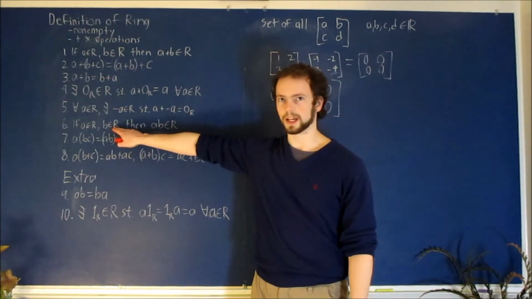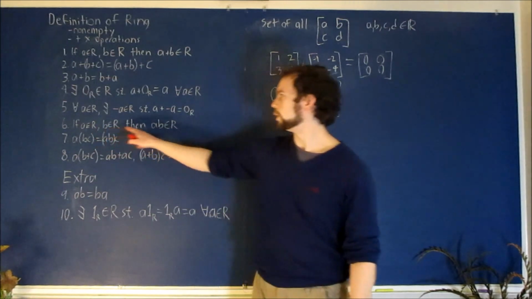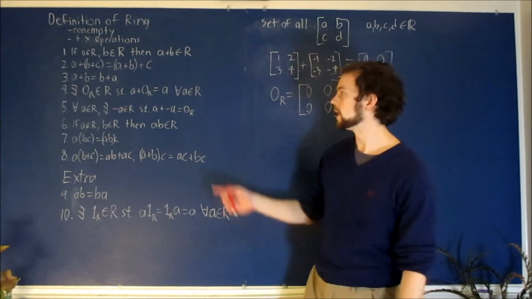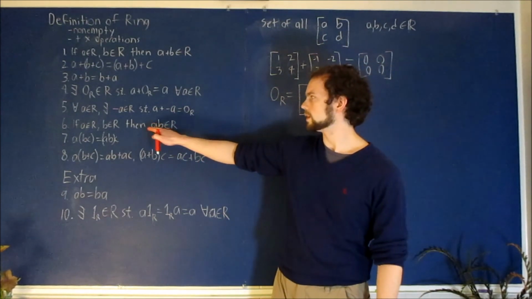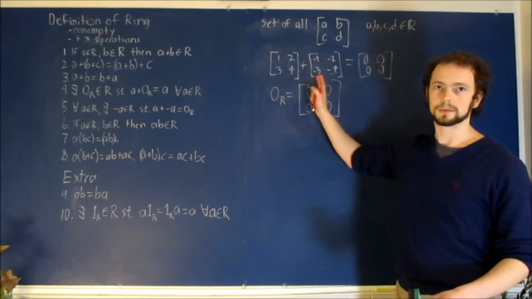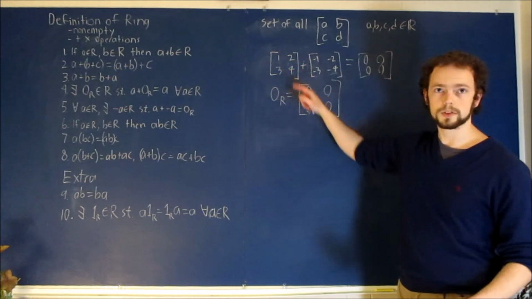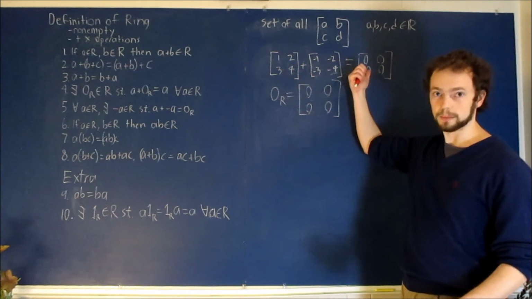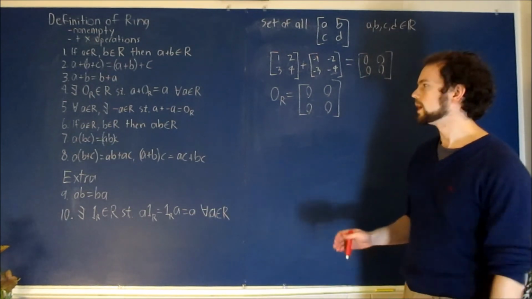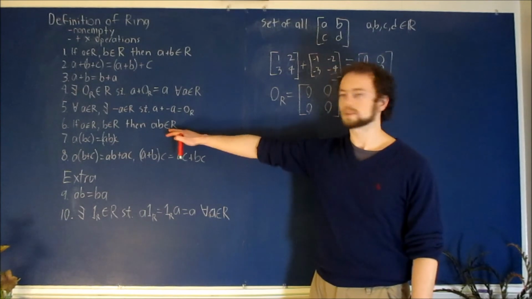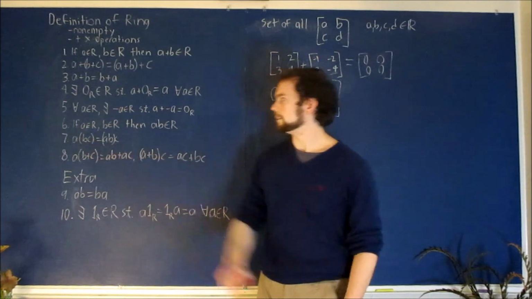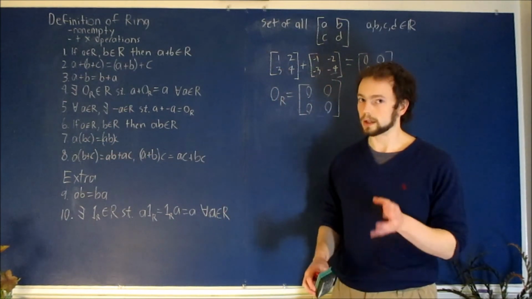Now here's where we get to something a little different. Remember, the multiplication operation here is going to be matrix multiplication. And it is true that if you multiply two matrices together, where the elements are all real numbers, the result of that multiplication is going to be another matrix where they're all real numbers. So this works under matrix multiplication. Matrix multiplication is known to be associative.